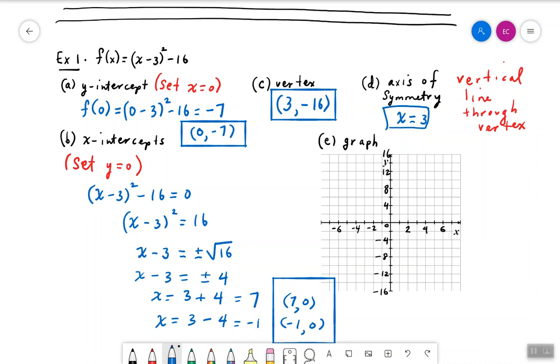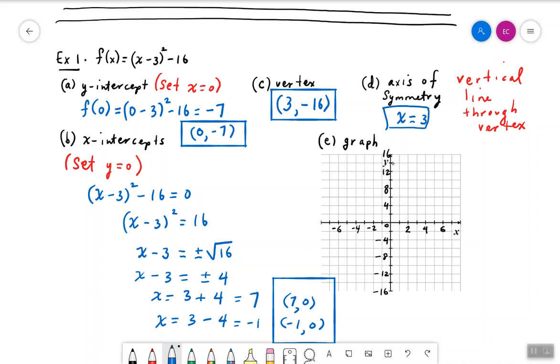Okay, let's go on to the graph. We're going to plot the points that we found and connect them up with a nice parabolic shape. So I was careful with my scale here to make sure all the numbers would fit on the graph. You can see in the y direction I counted by 2's, 2, 4, 6, 8, 10, 12, 14, 16.